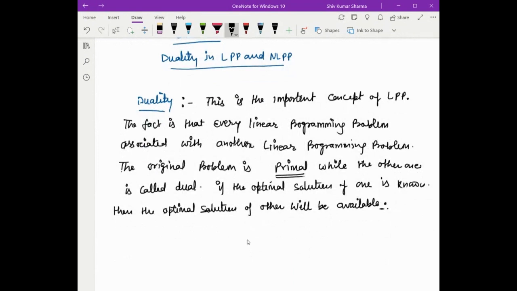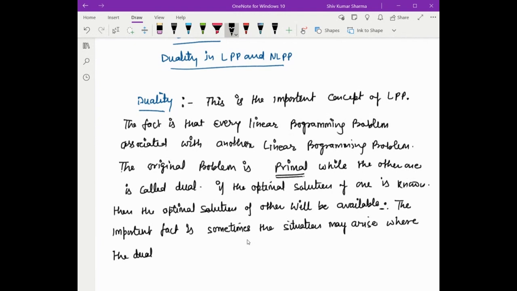So the important fact is that a situation may arise where the dual is easier to solve than the primal.